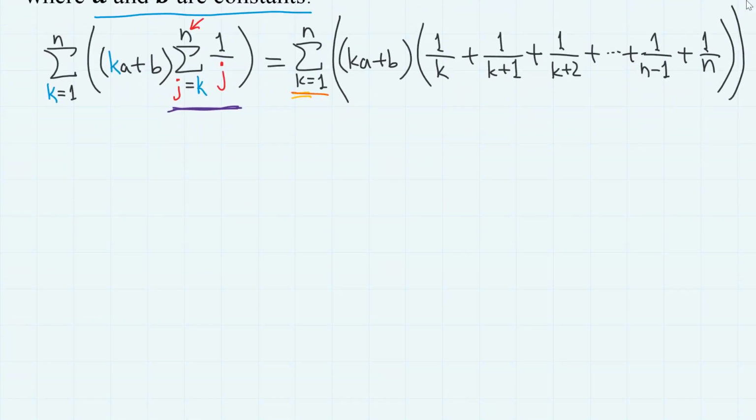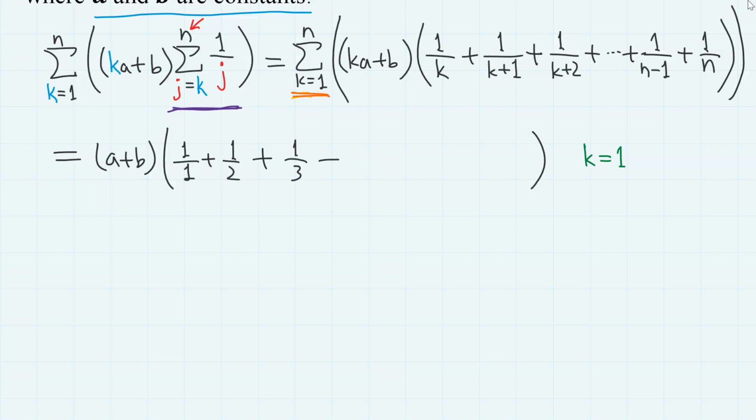Now we take summation with respect to k, and let us write this in multiple rows. First, rewrite the case where k equals 1, which is a plus b times 1 over 1 plus 1 over 2 plus 1 over 3 plus so on, plus 1 over n.